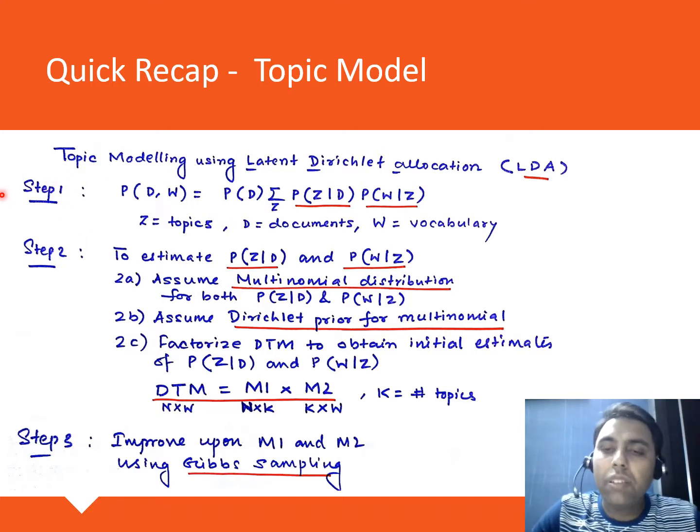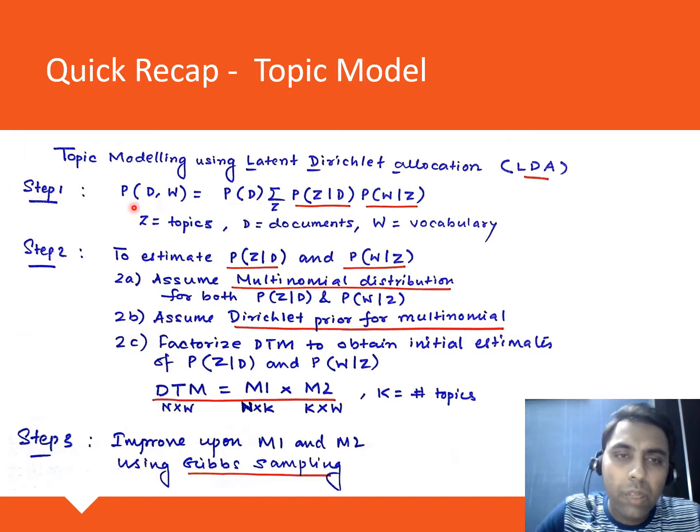But as far as the execution of the algorithm is concerned, step one would be, you represent the document-word joint probability distribution using this expression. The left hand side of the equation, the joint probability distribution of document and word, is very much analogous to the document term matrix, and on the right hand side, the probability of the document is independent of the topic and the words, so that's out of the summation.